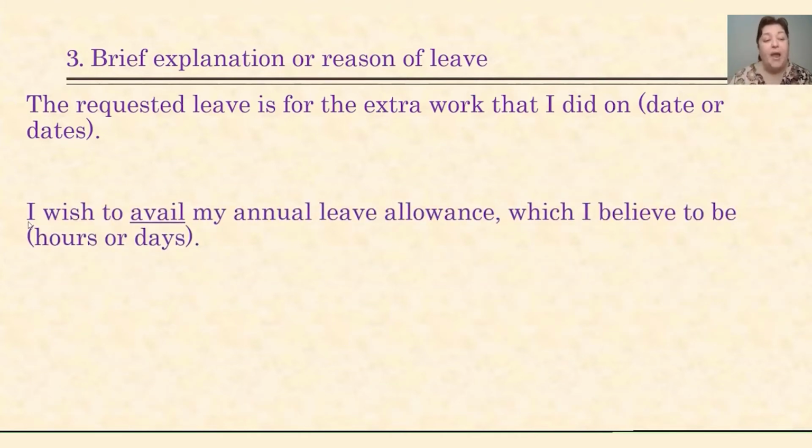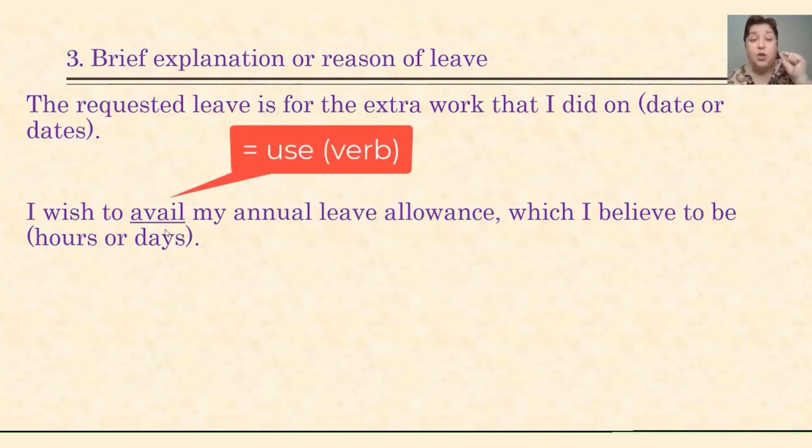Another example: I wish to avail. Avail means use. I wish to use my annual leave allowance. Everybody has annual leave allowance. They have a few days every year that they can have holiday leave. You're telling your boss, I have holiday leave, now I want to use it.